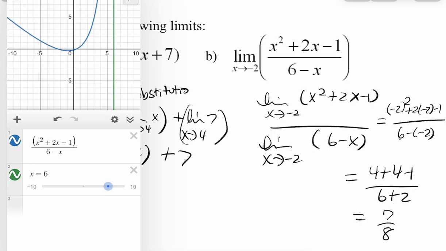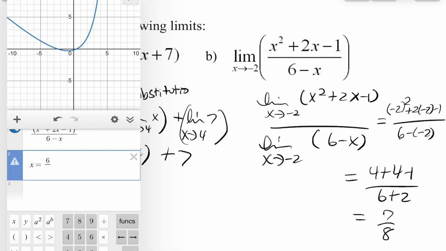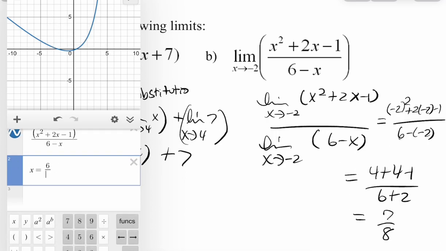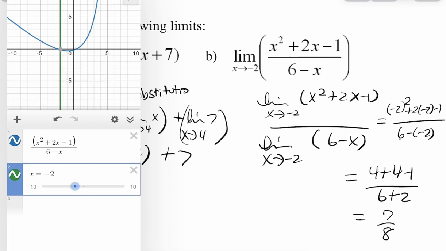There's not a problem at -2. So if we looked at -2, -2 is going to a height, just a sec. -2 is going to a height of 7/8 from both directions.